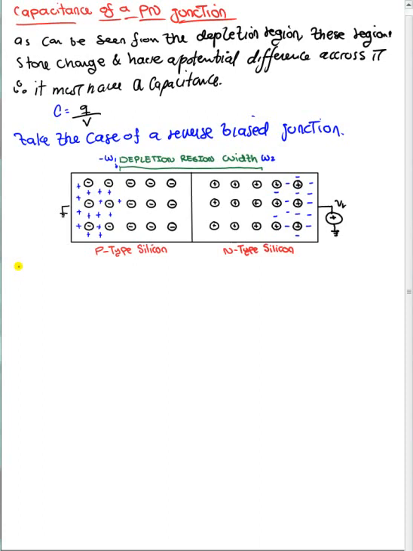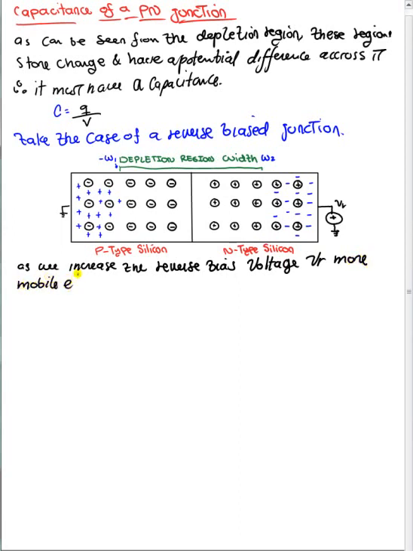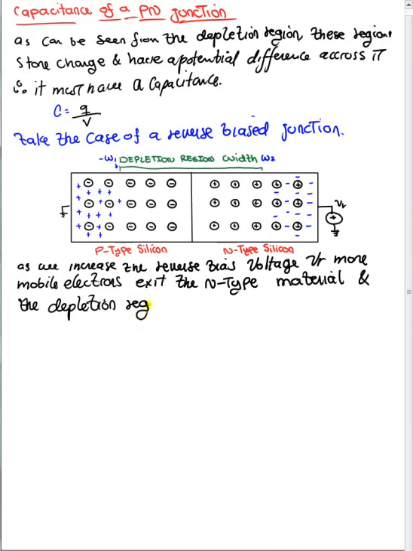Now let's note that as we increase the reverse bias voltage, VR, more mobile electrons exit the N-type material, and the depletion region extends further.